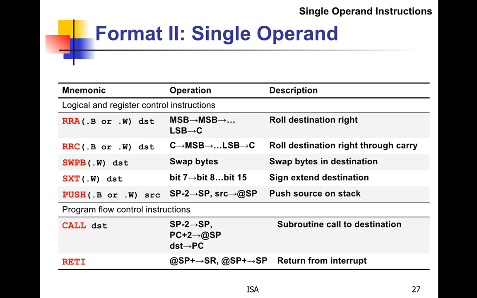And then there's push, which takes whatever's on the stack pointer and moves everything up one and puts a new number on the stack. We'll talk about that a bit later. It's a little bit more complicated. And then there's some program control instructions. Call is like go execute this subroutine. And RETI means return from interrupt. So those are the single operand instructions.